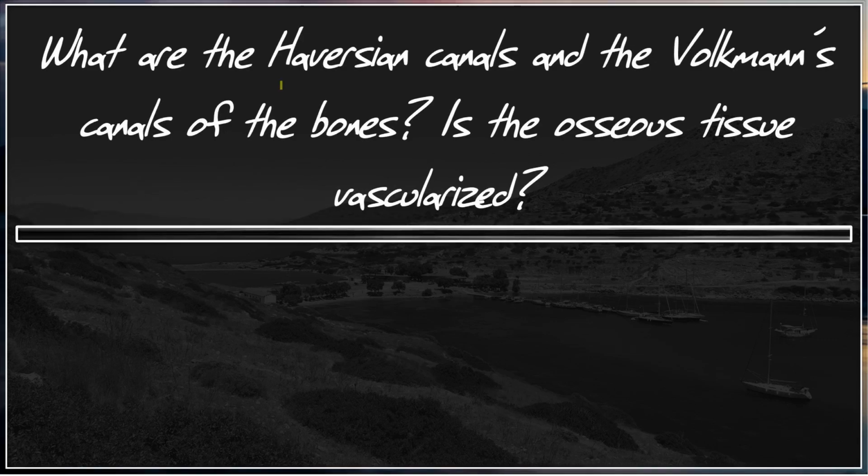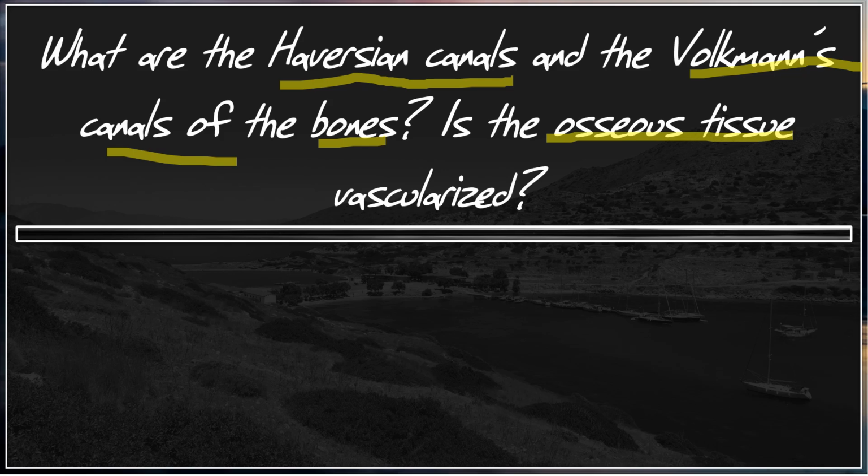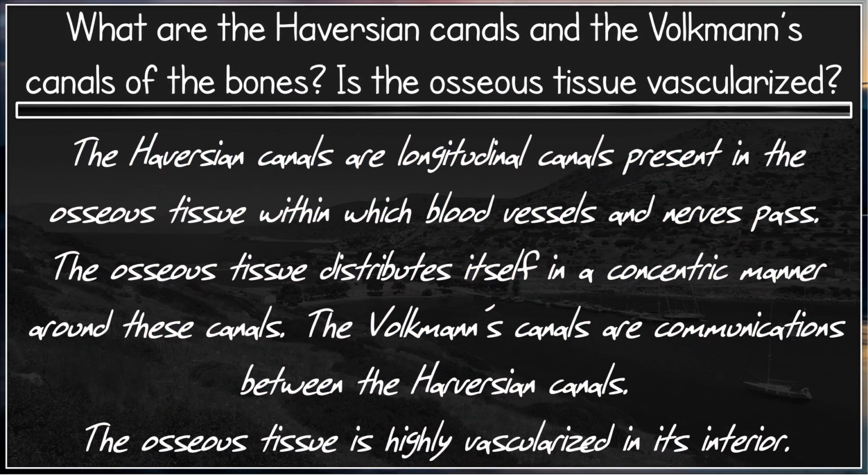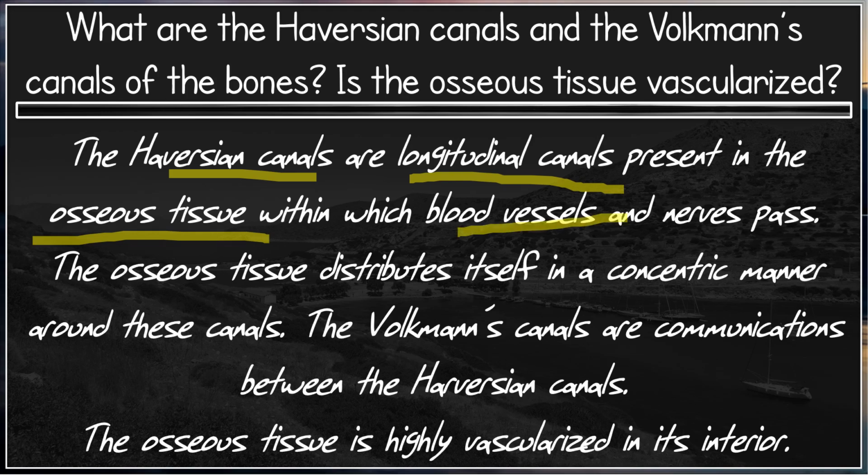What are the Haversian canals and Volkmann's canals of the bones? Is osseous tissue vascularized? The Haversian canals are longitudinal canals present in the osseous tissue, within which blood vessels and nerves pass.